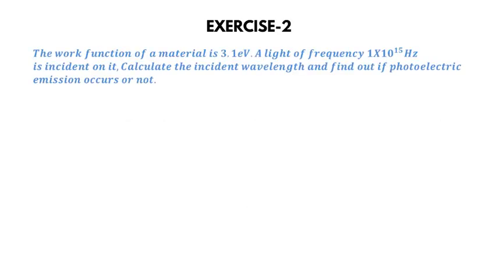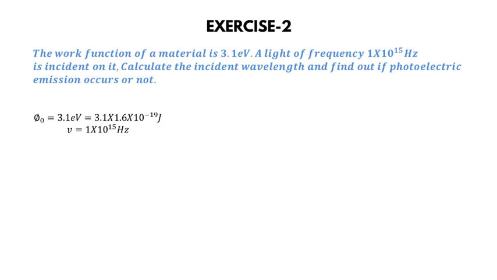In exercise 2, the work function of a material is 3.1 electron volt. A light of frequency 10 to the power 15 Hz is incident on it. Calculate the incident wavelength and find out if photoelectric emission occurs or not.